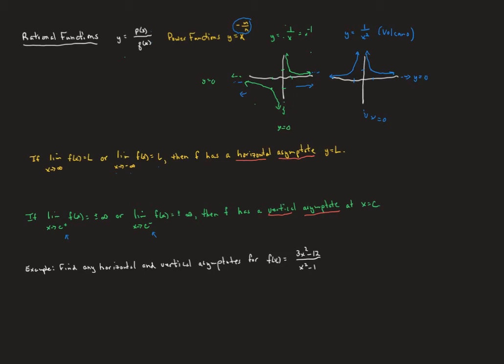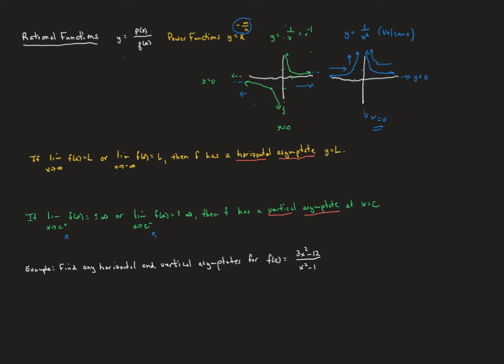So, for example, on this volcano graph, as the x values move in towards 0 from the right, you can see the y values take off and go up to positive infinity. Likewise, as the x values get closer to 0 from the left, the y values take off and go up to positive infinity, and that's why we have a vertical asymptote at x equals 0.